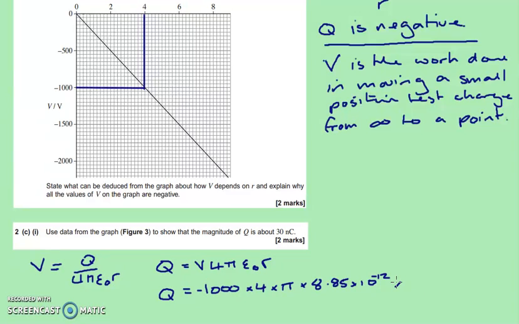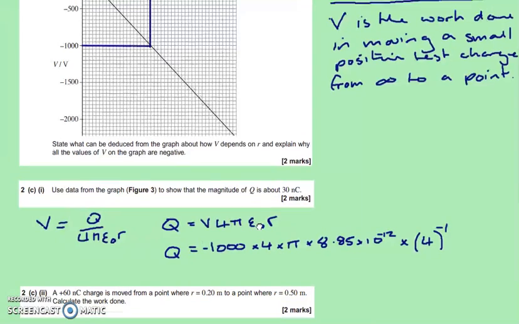Now we're going to times that by R, which is going to be 1 over R, which is 4, so power minus 1. So we take the reciprocal of the value of our x-axis, and that will give us what we want for the value of R.